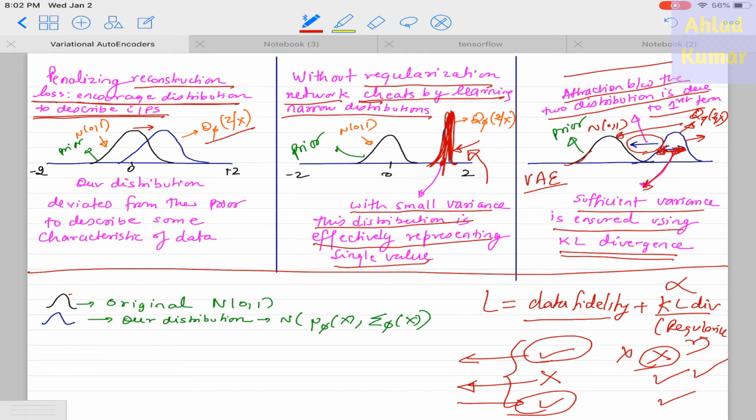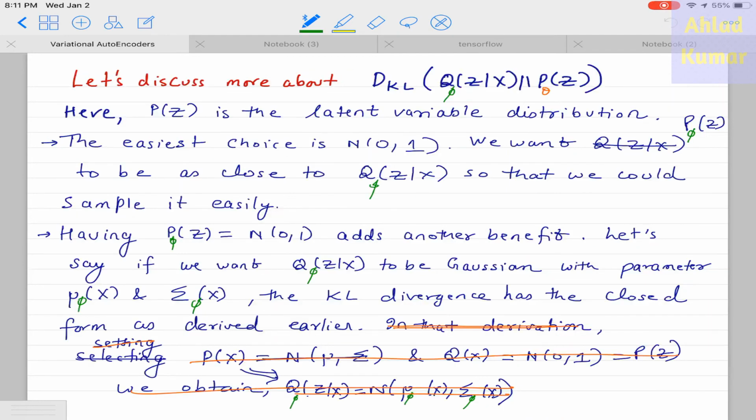Here the black curve is our original distribution, and the blue one is our distribution, that is mu phi of x and sigma phi of x. These are the distributions that we will assume for our network q phi of z given x. So let's discuss how we can simplify this regularizer term, which we defined in the last slide.